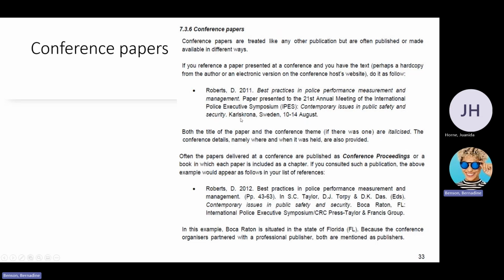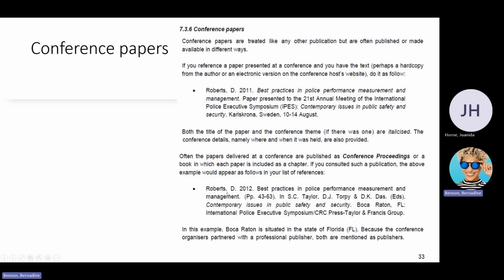What's important is that the name of the conference is there, as well as the place, the town and the country, and then the date of the conference. You do not have to repeat 2011 there, since it's already by the surname. But if there is a conference proceeding, in other words, they bring out a specific journal with conference papers, then it would look like this.